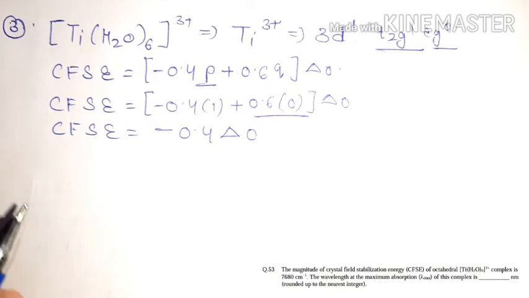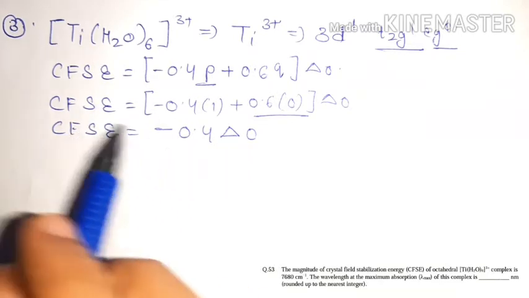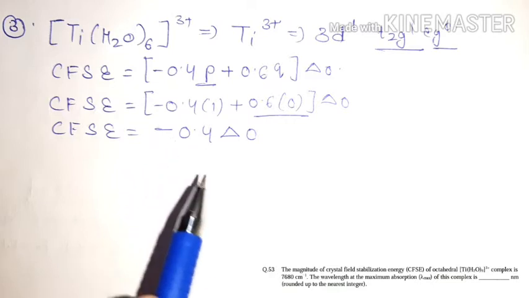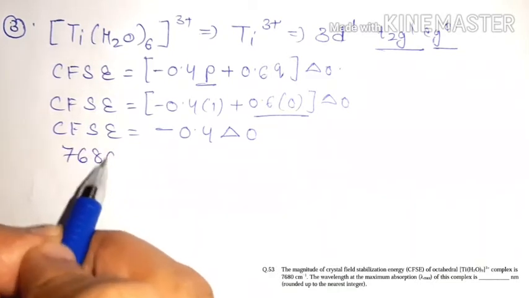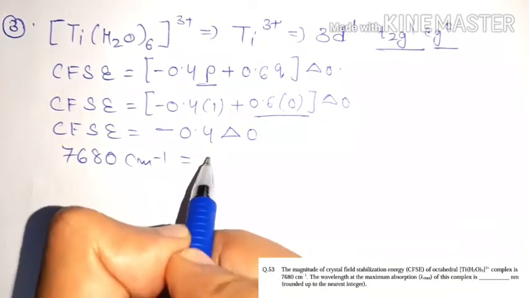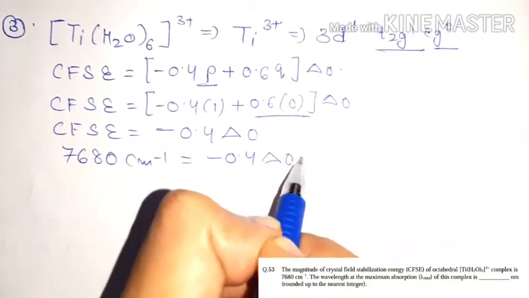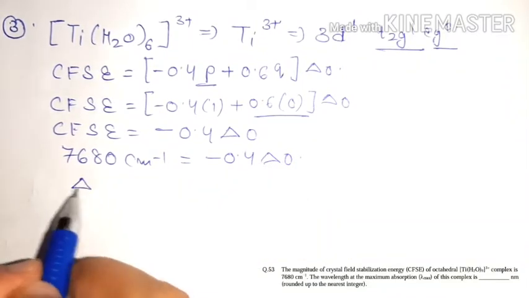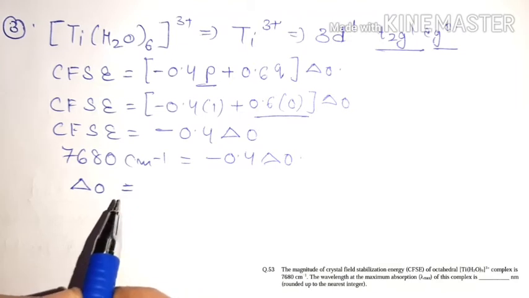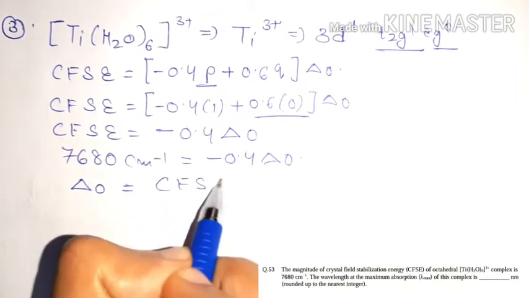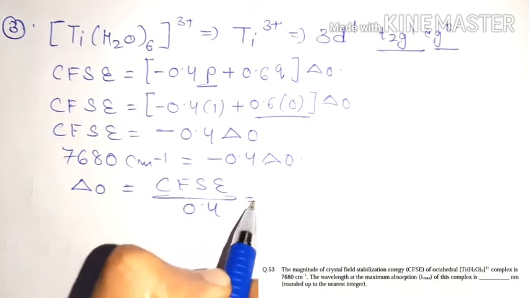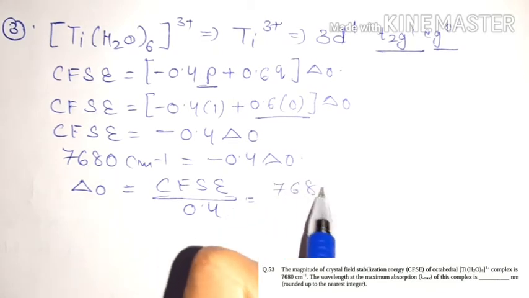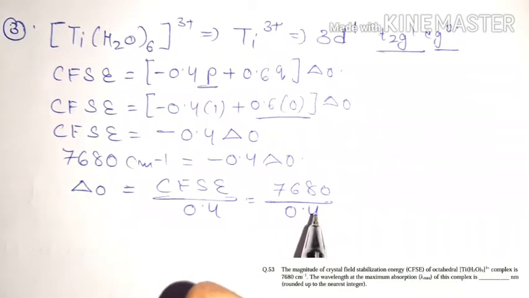Okay, and you know in our question the value of CFSE is given in units of centimeter inverse, that is 7680 centimeter inverse is equal to 0.4 ΔO. So from this your value of ΔO, that is the crystal field splitting energy, will be given by CFSE upon 0.4, which is equal to 7680 upon 0.4.